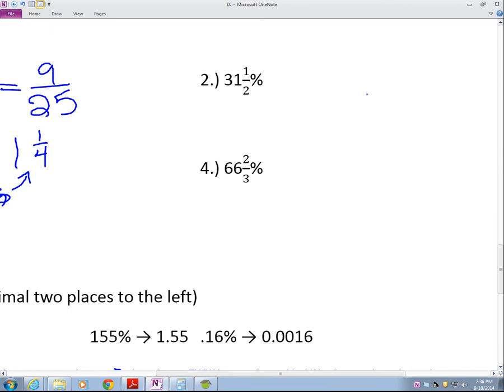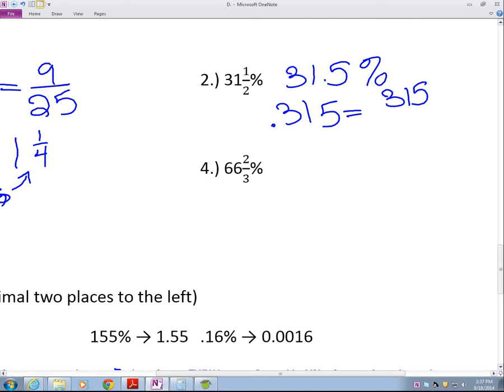Okay, 31 and a half percent. We have 31.25%, and we need to move the decimal point over. So we have 0.3125, which equals 315 thousandths.